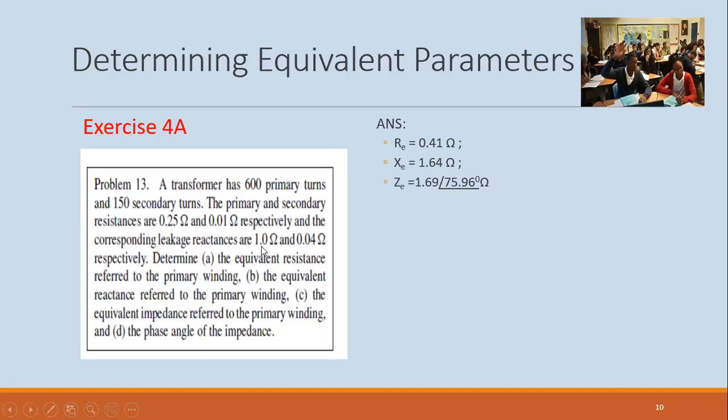So X1 would be 1 and X2 would be 0.04. We should find the equivalent resistance referred to the primary, the equivalent reactance referred to the primary, the equivalent impedance referred to the primary, and the phase angle of that impedance.